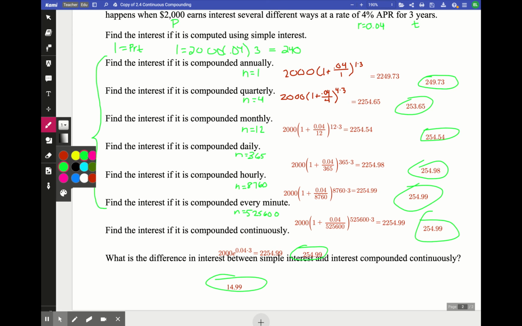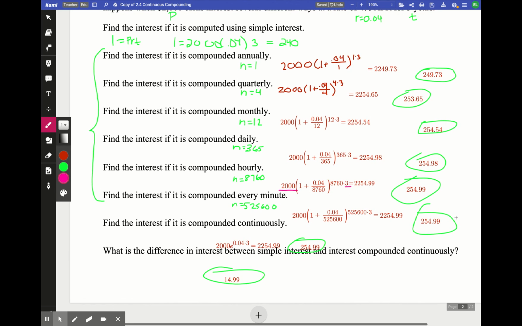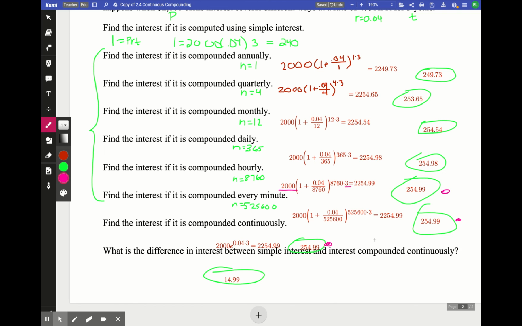Now, had we used a longer time period than 3 years, or had we had a larger principal than 2,000, we would see more significant changes among these 3 different types of compounding.